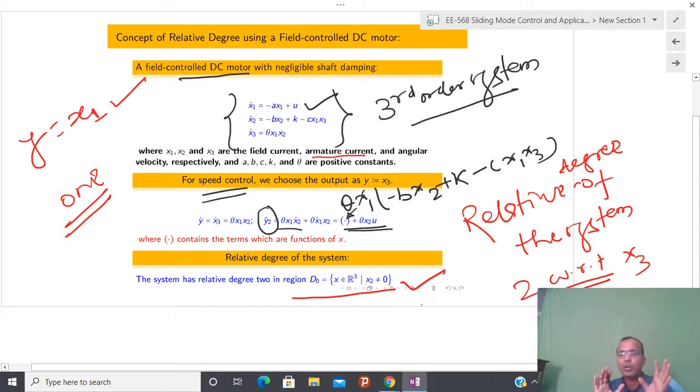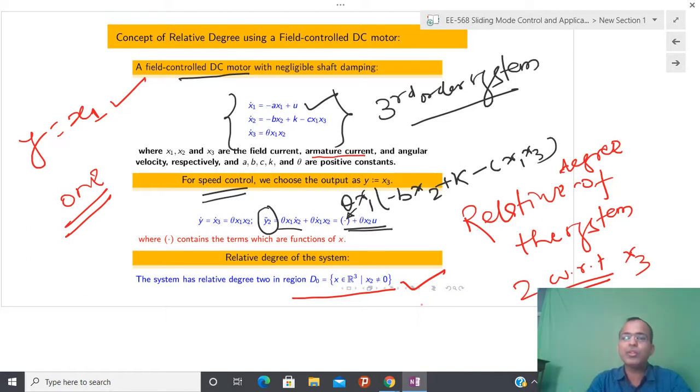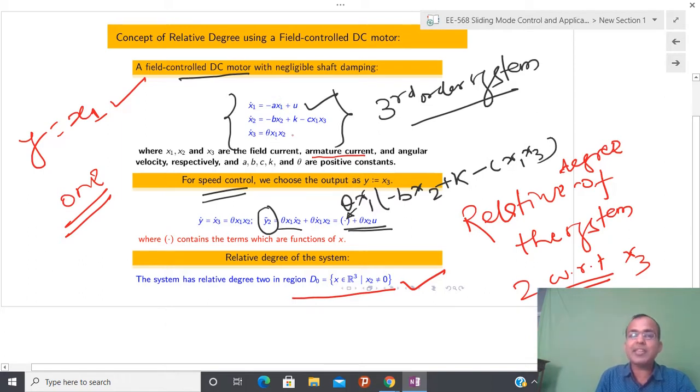So what is the beauty of relative degree? If I have to control the output, then we select that particular output, and if you calculate the successive derivatives, it is possible to show that the order of control is going to reduce. Here I do not know how to design control. I have to control everything, and this system is non-linear now. But now I have one extra advantage also.